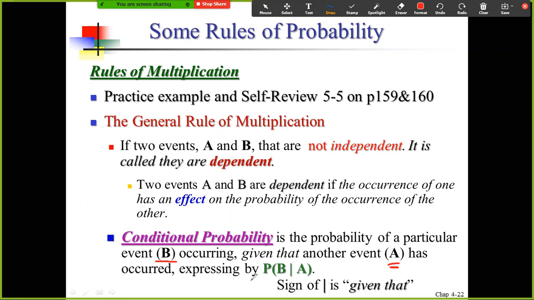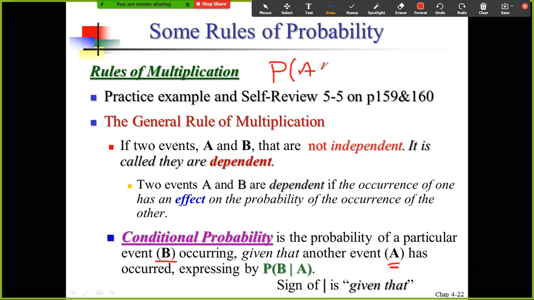So how do we write the shortcut? This is the right shortcut: probability of B under the condition of A, or given that A. Okay, so be careful. Some students write P(A/B), like this.